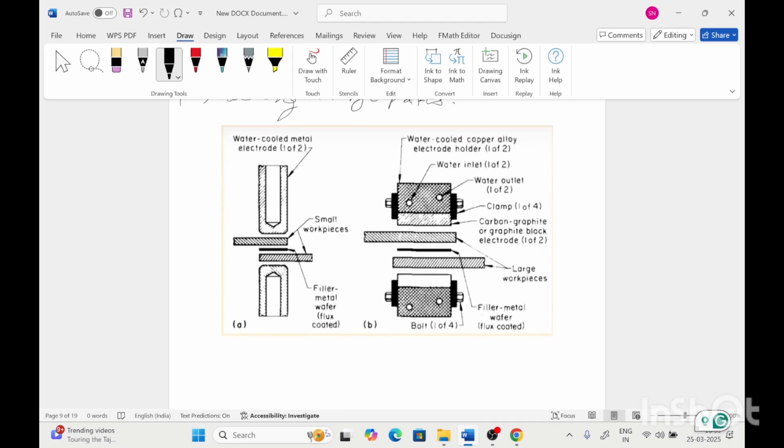So this is the first case. The small workpieces are used, and the filler metal wafer is inserted between these two metal sheets. In the second case, where large parts are required to join, bigger electrodes are used, and in this, small electrodes are used.